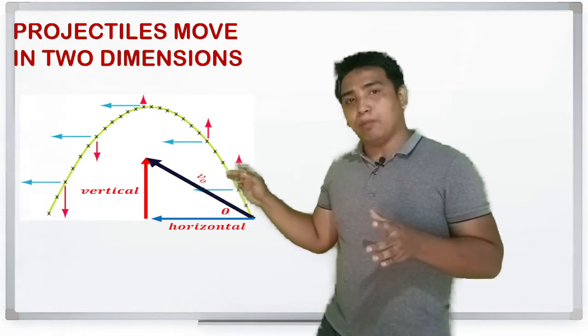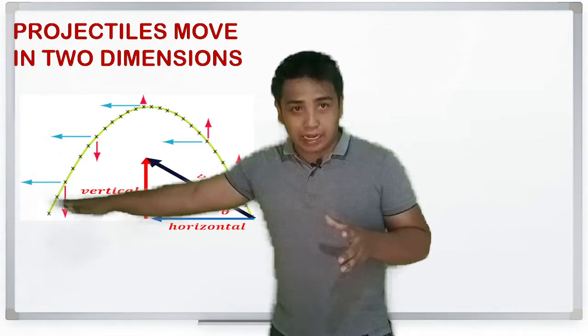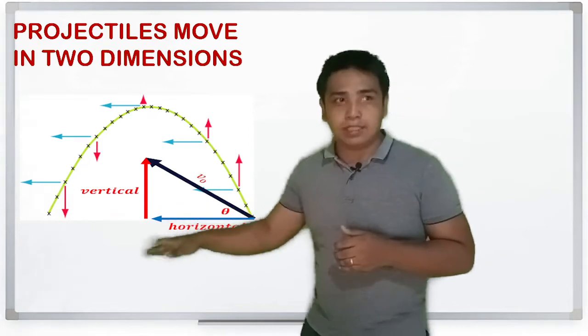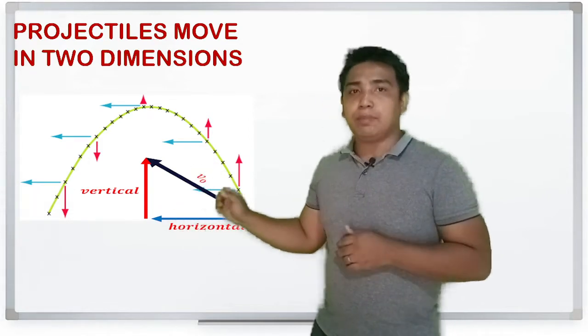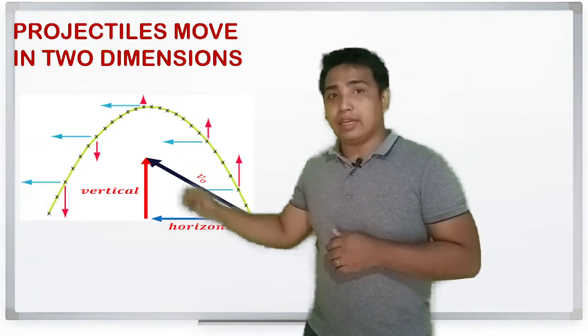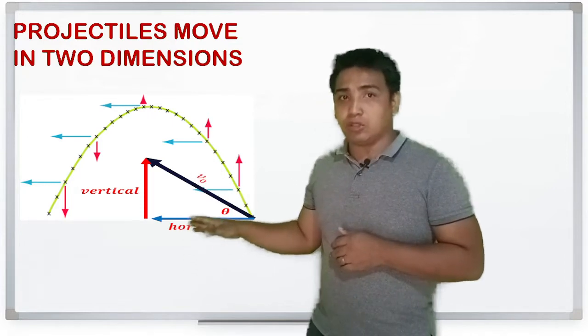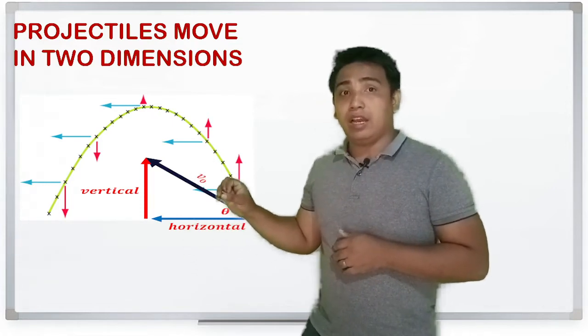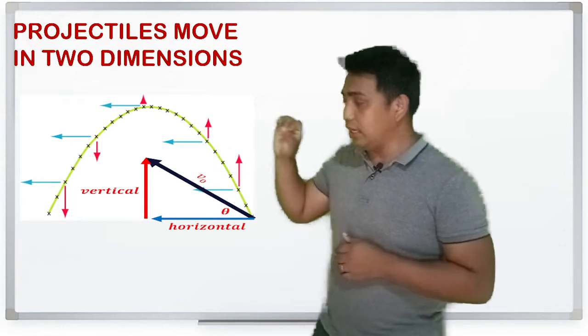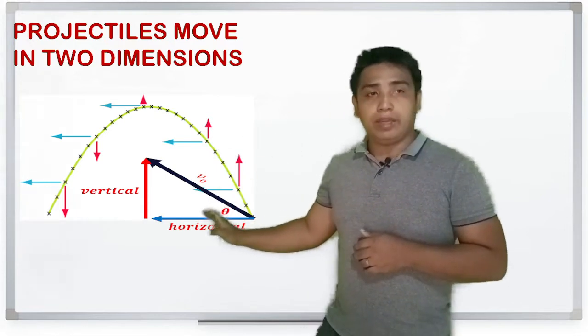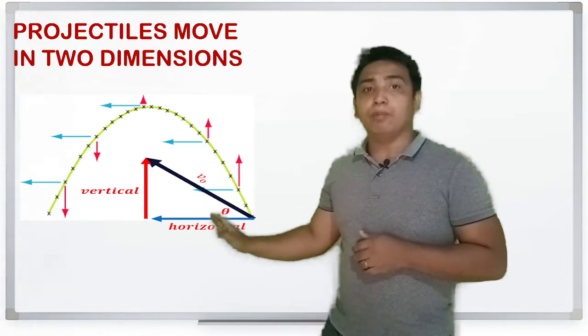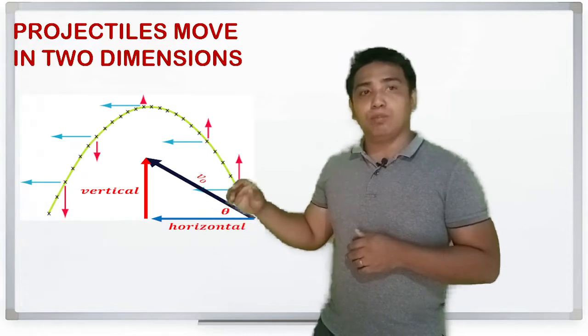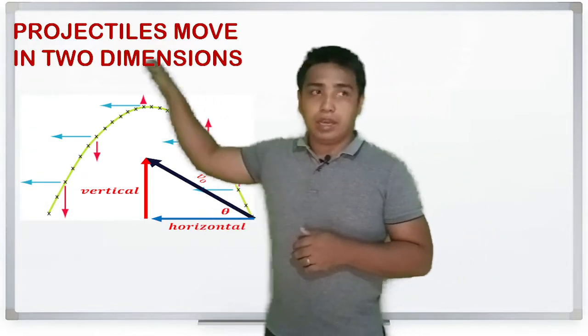The horizontal component is parallel to the x-axis, and the vertical component is parallel to the y-axis, which is also the axis at which the acceleration due to gravity is in effect. These two vector components work together to produce the parabolic arc.